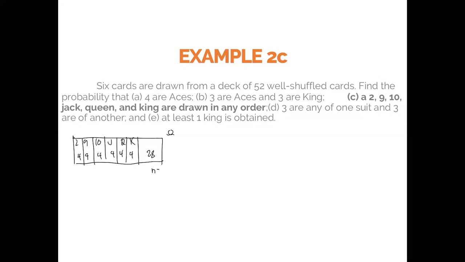So, yung N natin is equals to 6. So, probability na siya ay 2 and 9 and 10 and Jack and Queen and King. Okay? So, we have 4. Ito yung sa 2 muna, sa 2 na card.